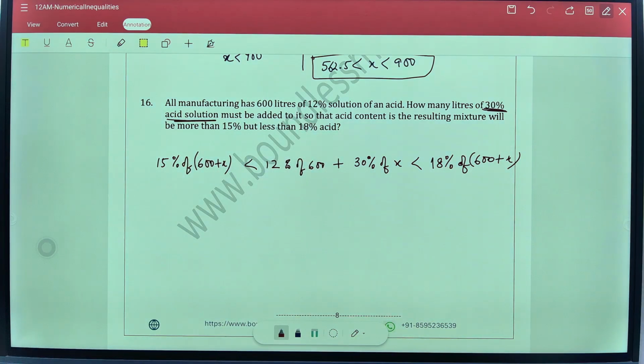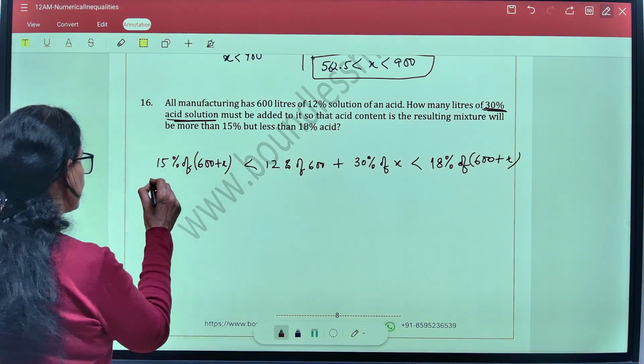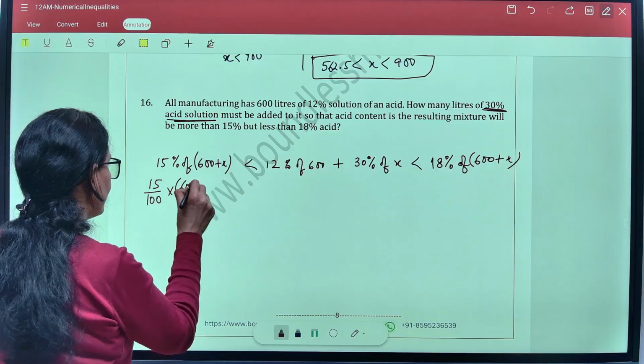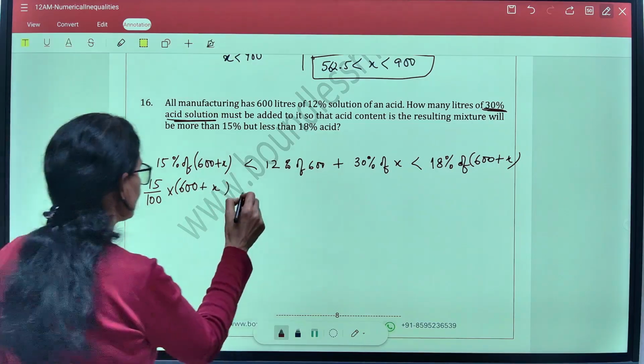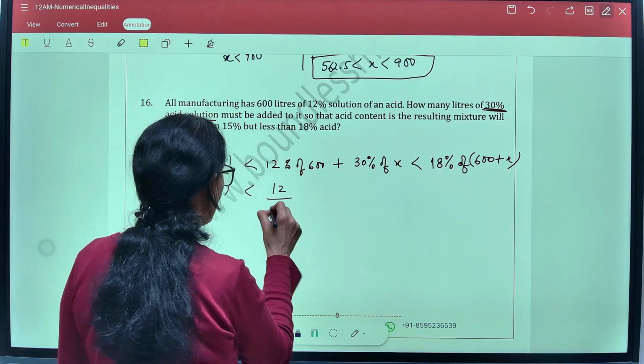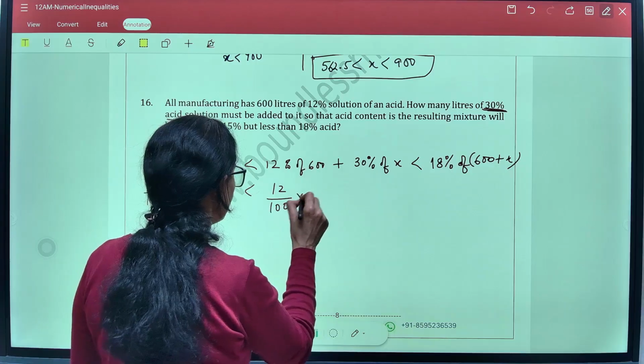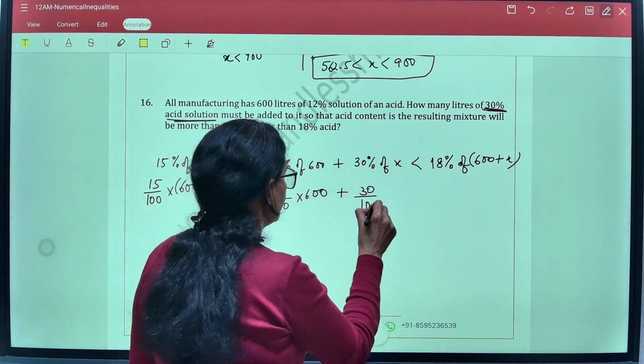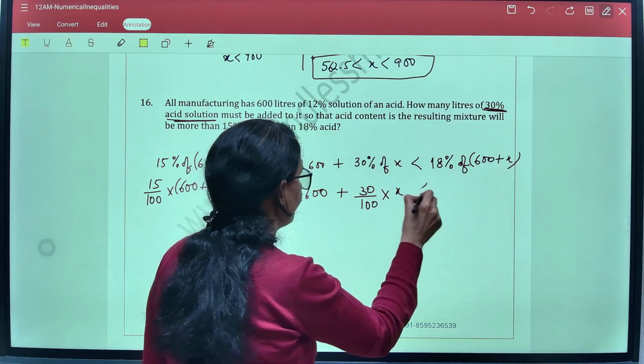Right? So make the inequality equation very carefully. Now let's remove this percentage sign and try to simplify. No need to calculate all the parts separately and waste your time. So be smart. Let's see how to do the calculations in an easier way here. No cancellations, no calculations.